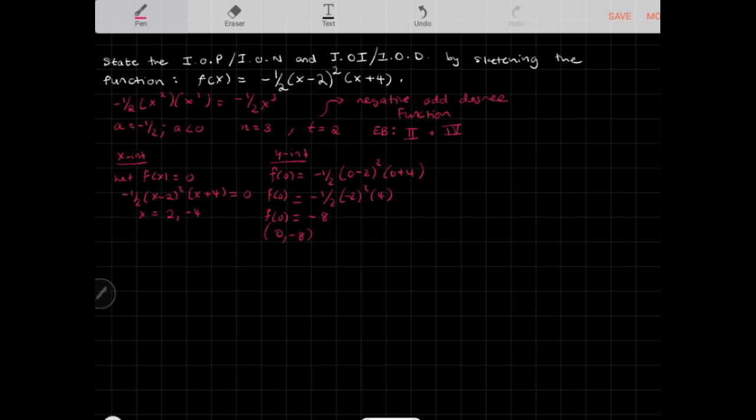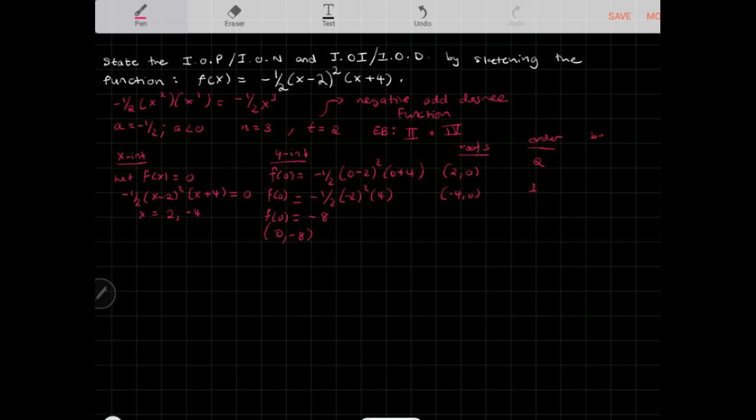Now, after finding our x-intercepts, we also want to figure out the roots and the behavior of the roots. Our x-intercepts here are (2, 0) and (-4, 0). We want to look at the order. The order of the (2, 0) root is 2. The order of the other is 1.